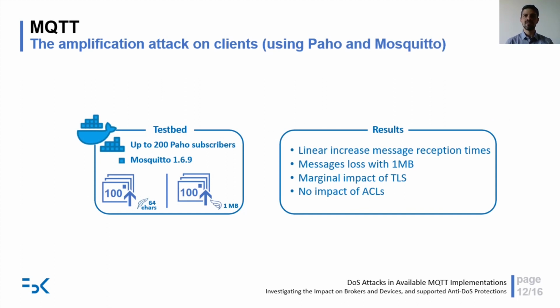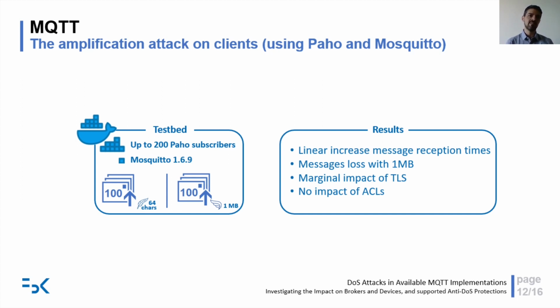Considering those results, we attempted to scale the tests by adopting Docker containers. We simulated up to 200 subscribers that connect to Mosquitto and attempt to receive 100 messages with a payload of 1 MB or 64 characters, always to account for resource-constrained environments. The tests, which were performed 10 times, highlight that there is a linear increase in the time to receive the messages when increasing the number of subscribers.